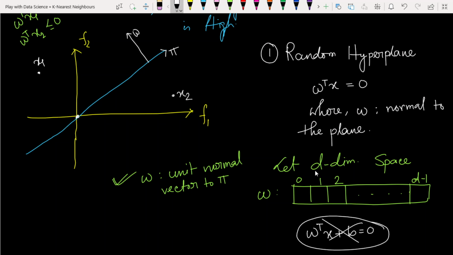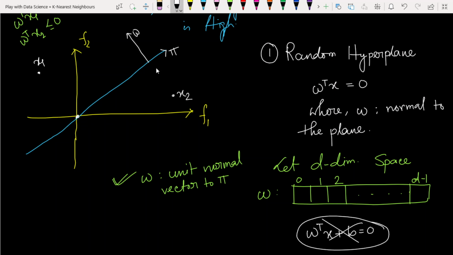If you are interested, add the b term, and the same calculation can easily be done. So for simplification of our calculations, I am taking w transpose x equals 0. I am simply considering that the hyperplane passes through the origin.